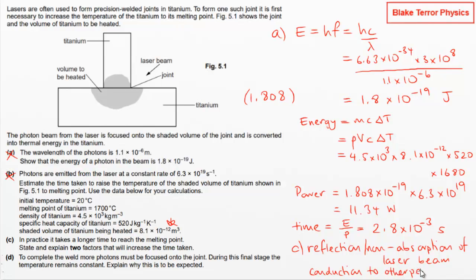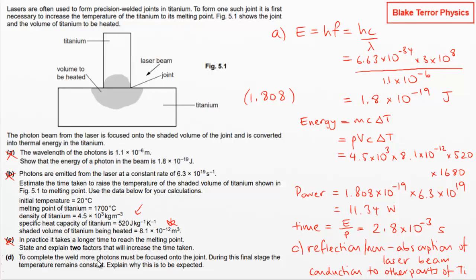I'm going to run out of space. But yeah, the other parts of the titanium outside of that shaded area. So that is going to be a greater loss than radiation back to the air. Because, you know, it's a metal, isn't it? So this is going to conduct the heat away pretty quickly. So let's go with those 2.